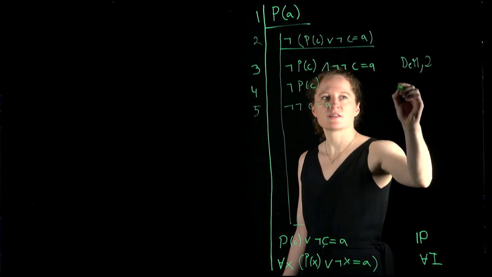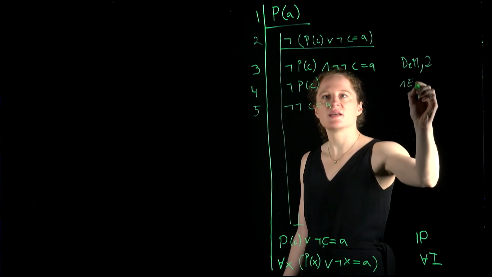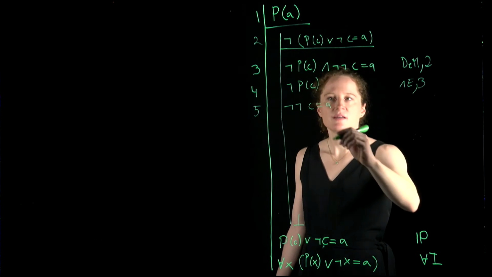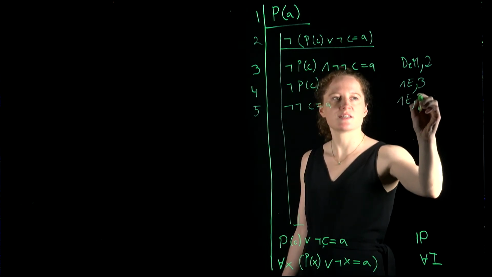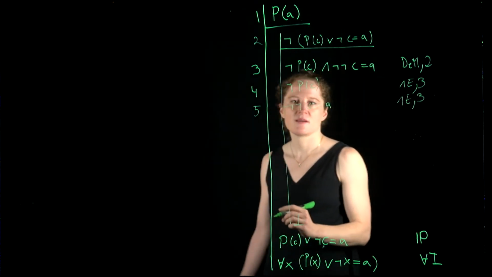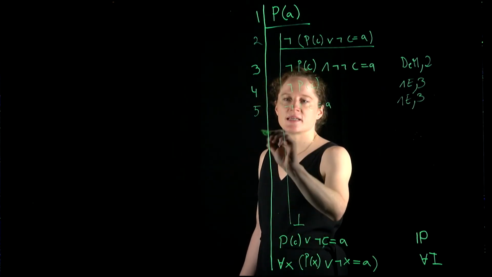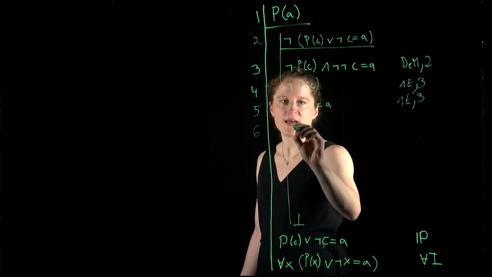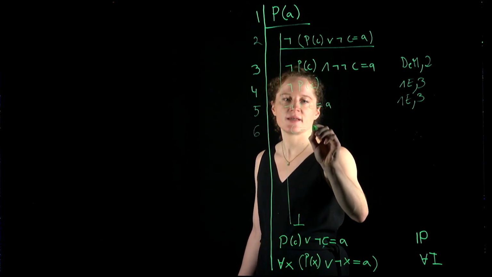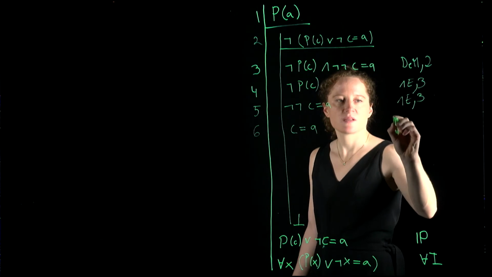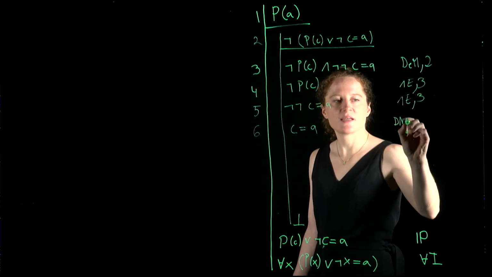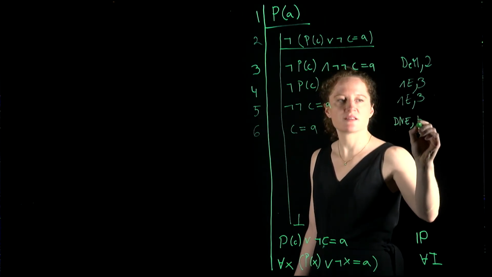Line 4 is justified by conjunction elimination applied to line 3. And line 5 is also justified by conjunction elimination applied to line 3. And now I see a double negation here, so I'll just go ahead and eliminate this double negation, which gives me C equals A, justified by double negation elimination applied to line 5.